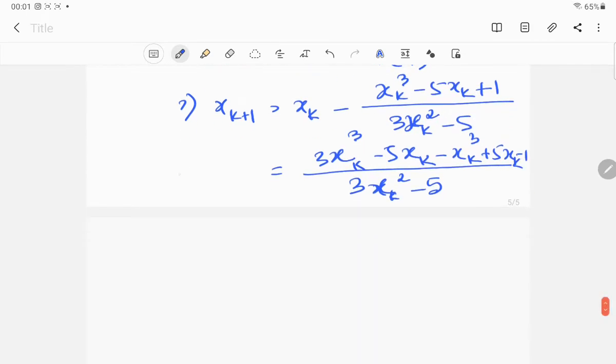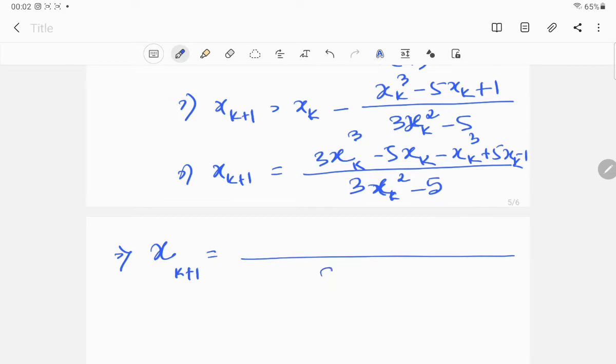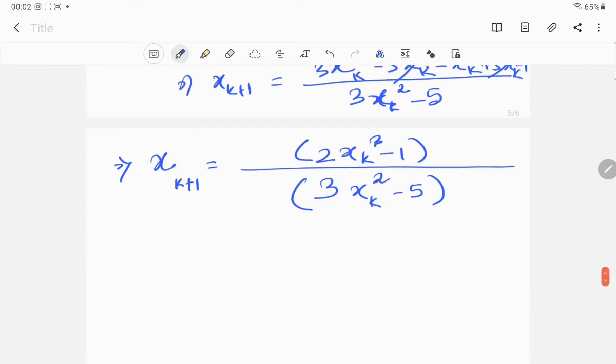So what remains, xk plus 1 is equal to (2xk cube minus 1) divided by (3xk square minus 5).